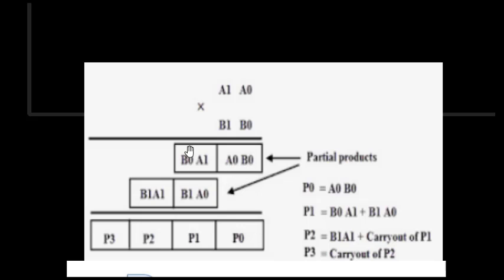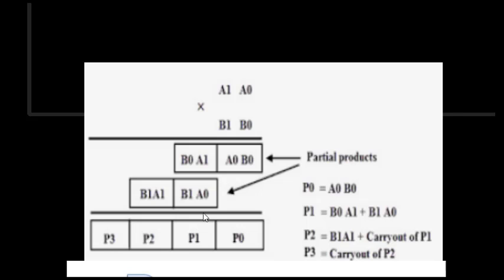This one directly comes down. We have to add these two, and we get P1. It might be possible that this addition also generates a carry. This carry will go here and be added, and we have P2. And if there is a carry, that will go into P3. So P0, P1, P2, P3 will be our answer.